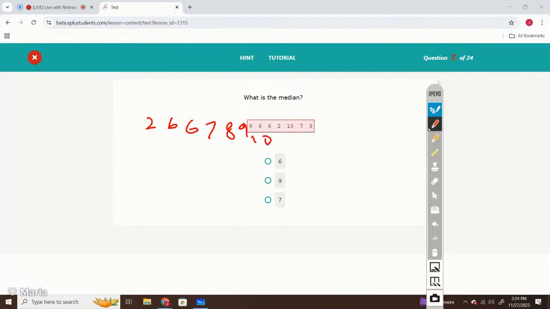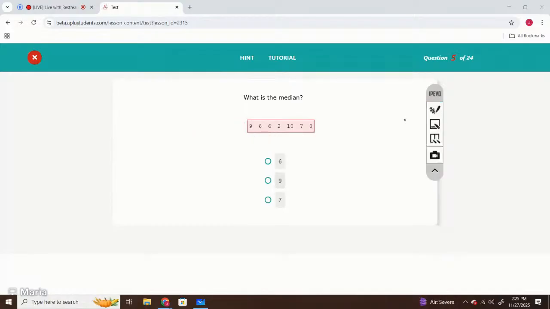So what is the median? So the median is 7. 7 is the number that divides the data into two equal groups. So that is 7.